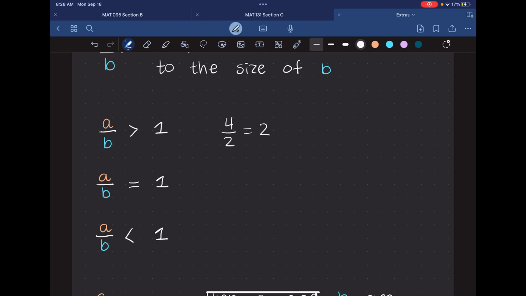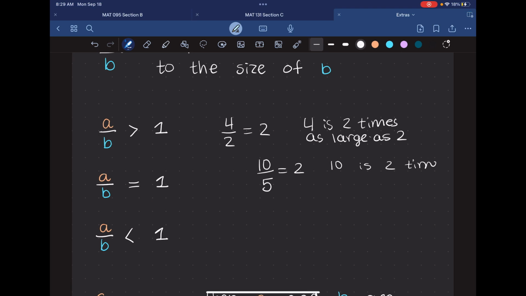That means that 4 is greater than 2, and in fact 4 is 2 times as large as 2. And we could have something like 10 to 5. That's again equal to 2, and 10 is 2 times as large as 5.